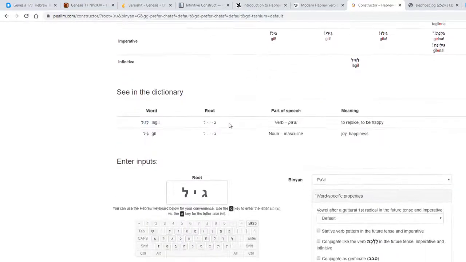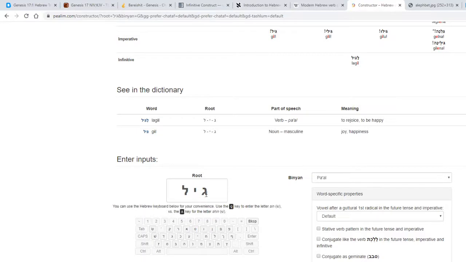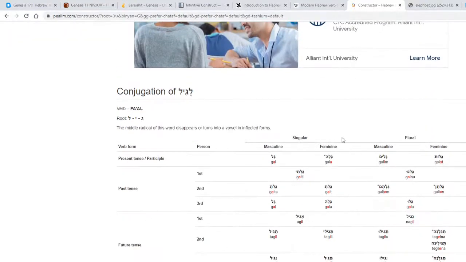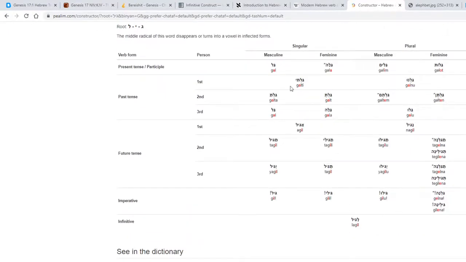What it does is it allows you to put in a three-letter root, and it has this handy-dandy Hebrew keyboard right there. Then it lets you pick one of the seven binyanim, and then it gives you all the various conjugations in the various forms. This is really useful if you're trying to test out whether what you're saying is plausible as far as the three-letter root.